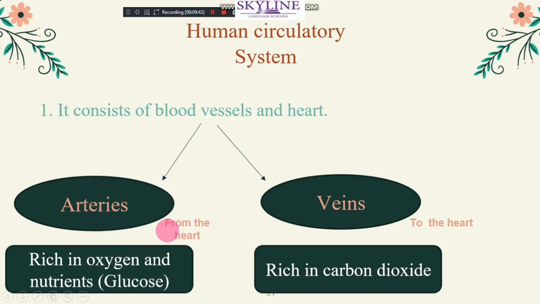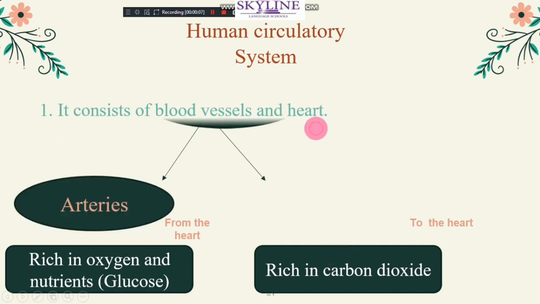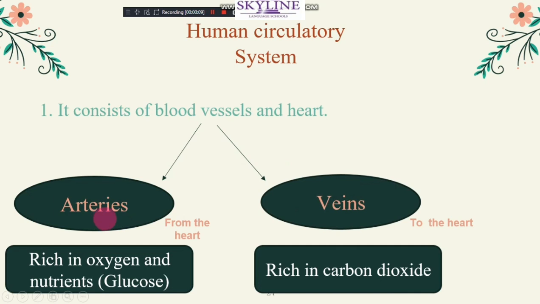Arteries start from the heart and go through the whole body to give all the body parts oxygen. But the veins take carbon dioxide. Arteries are rich in oxygen and nutrients, but the veins carry carbon dioxide.